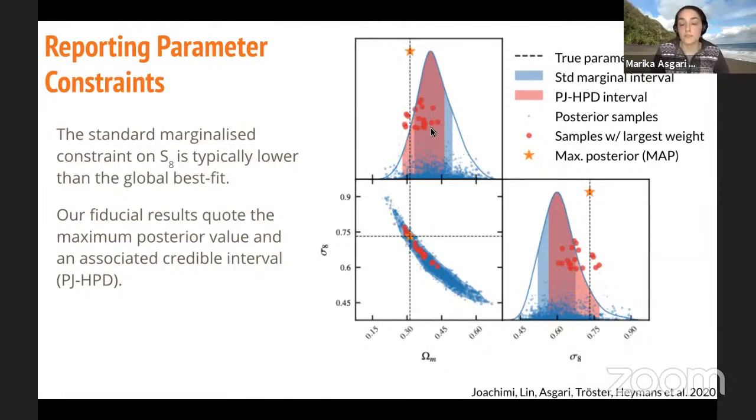And that, by definition, includes the input value, because that is captured by the maximum posterior, so the star. So this, I think, is very important, because when you are thinking about tensions between parameters, if you have a case that's like this, that can make you think there is tension while there is not.